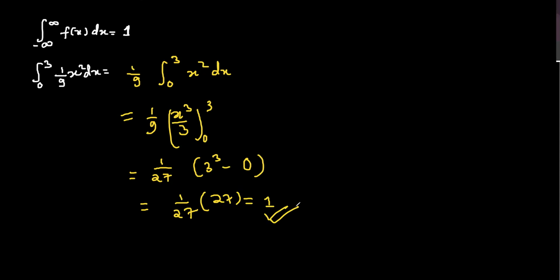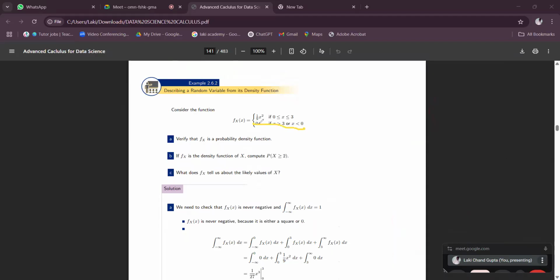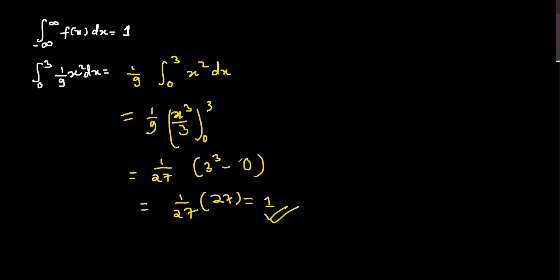So here you can ask, sir, what about the rest? You can leave it, because the value of the function there is 0. If the value of the function is 0, then don't take it.